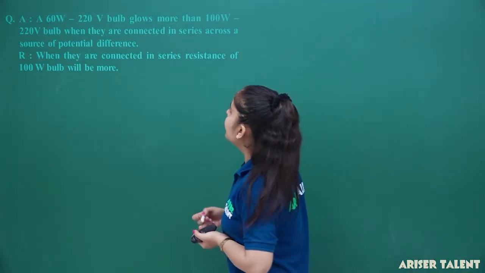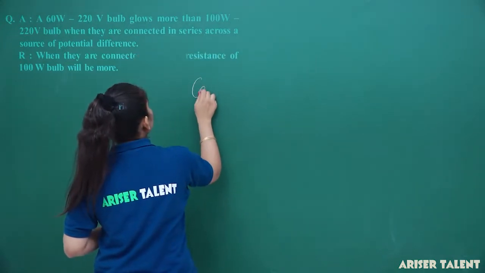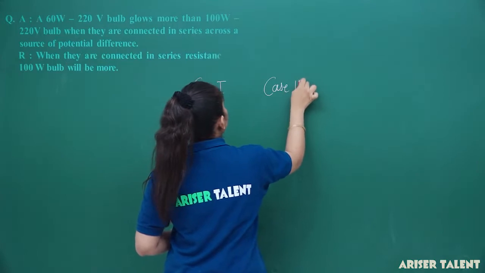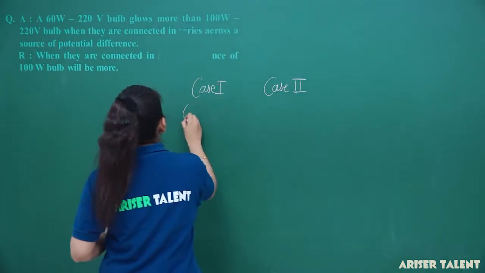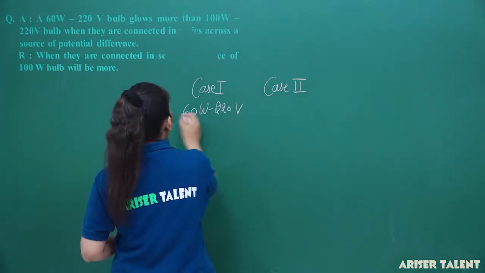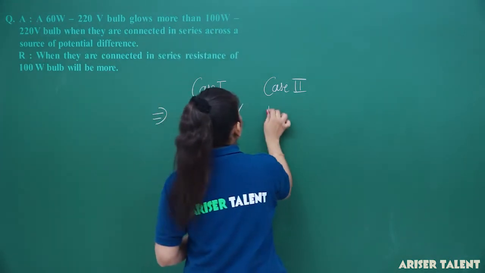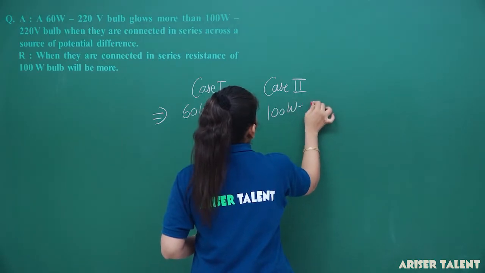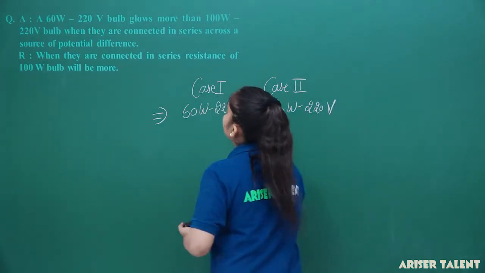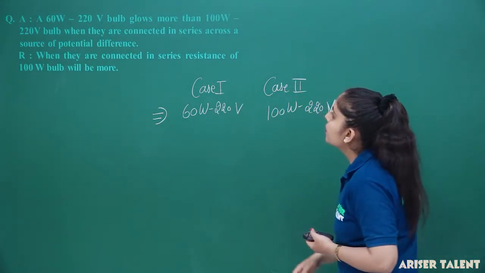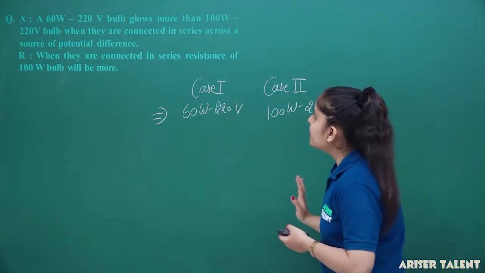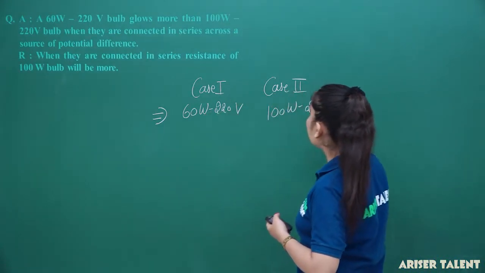So firstly, let's discuss the cases which are given here. This is our case 1 and this is our case 2. In case 1, you are provided with a 60 watt bulb having a voltage rating of 220 volt. And in this case, you are provided with a 100 watt 220 volt bulb. Now, they are connected in series and this bulb is glowing more as compared to this bulb.